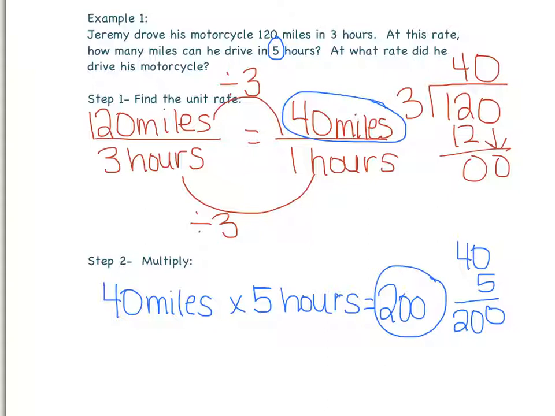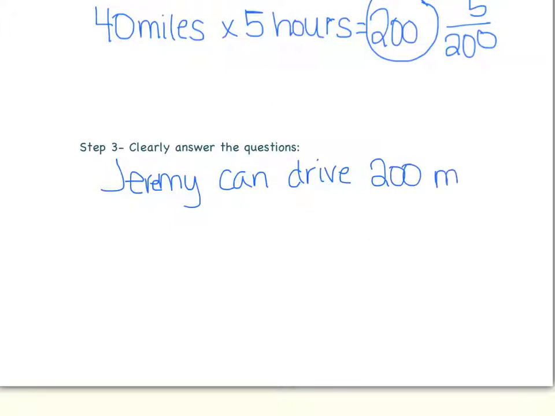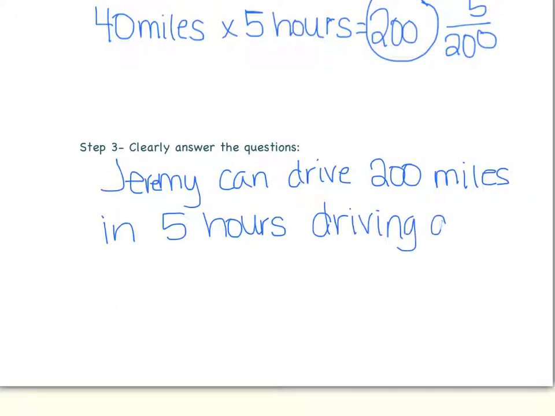Okay? And finally, just like any word problem that we would do, we need to make sure that we clearly have answered our question. So our final answer is that Jeremy can drive 200 miles in 5 hours, driving at a rate of 40 miles per hour.